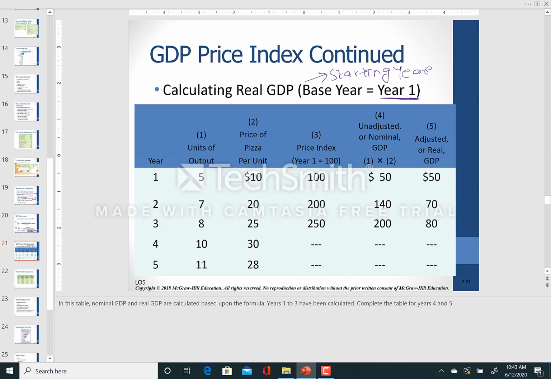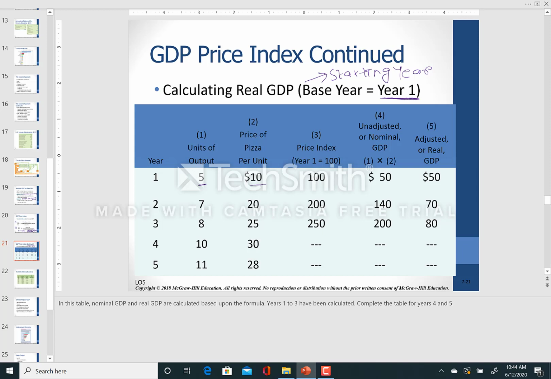The base year or the starting year is year 1, and we are just using one good here, which is pizza, and we have years 1 to 5 in this example. It's telling me year 1 price is $1, quantity being sold is 5 units. So price index is basically, I'm going to show you, it's telling me the price index is 100.